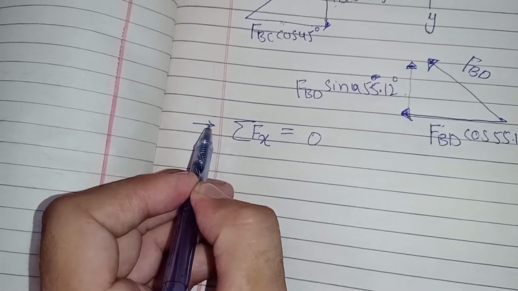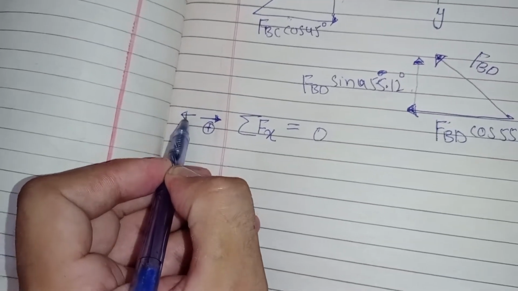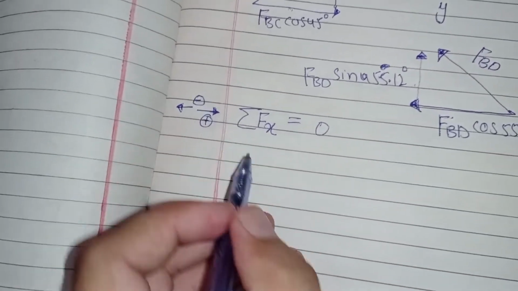The force directed toward right is taken as positive, and toward left as negative.